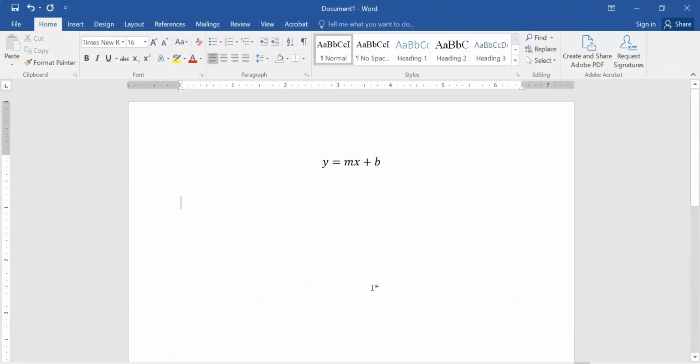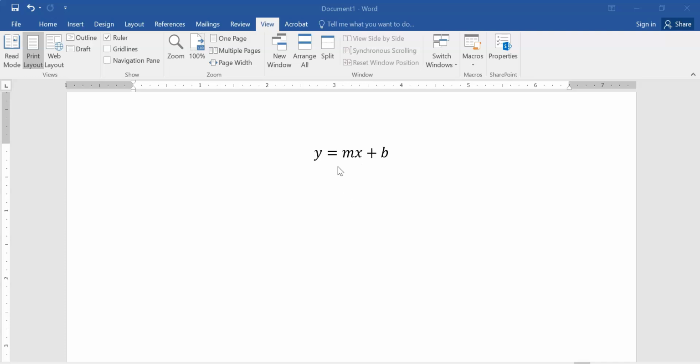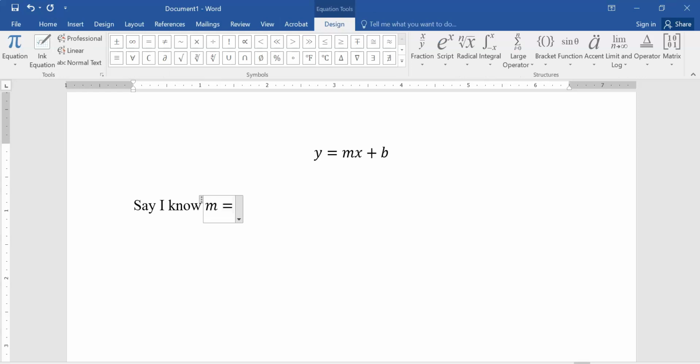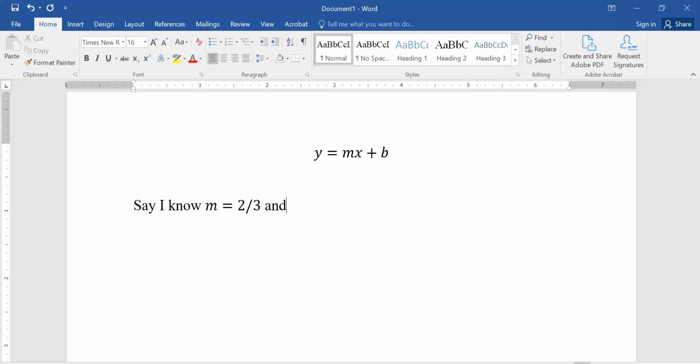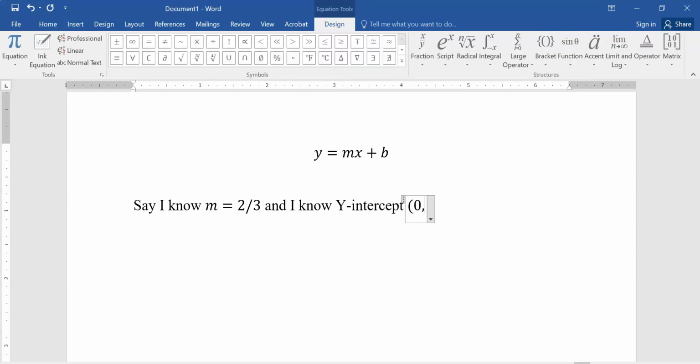All right. So what we're going to do is look at the y equals mx plus b slope-intercept form of a line. Now I've zoomed in. So y equals mx plus b. Let's say that I know that the slope of the line is 2/3. And let's say that I know the y-intercept is the point, well, let's make it 0, 7.